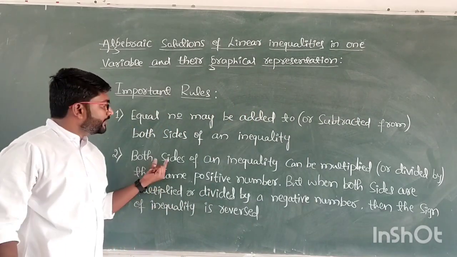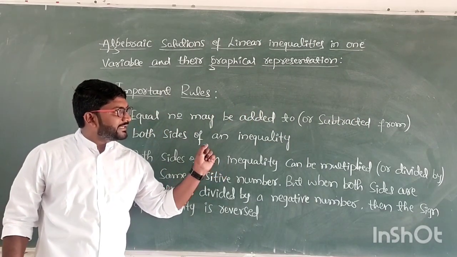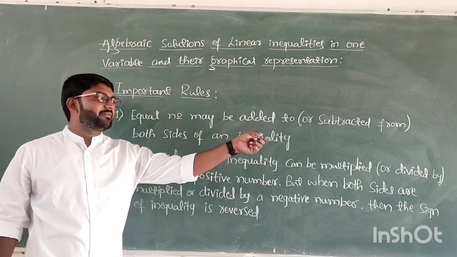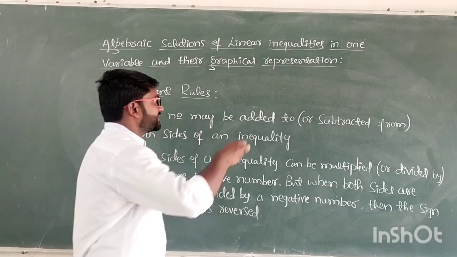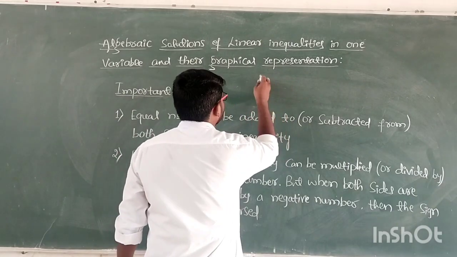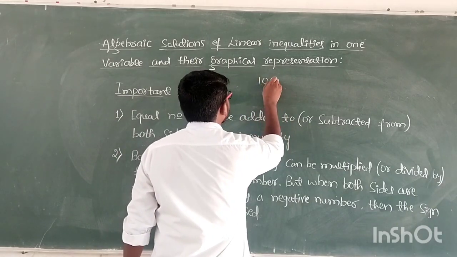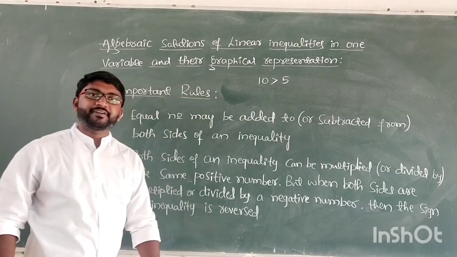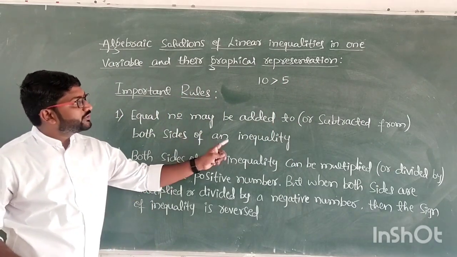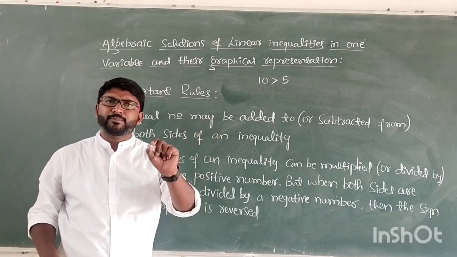What does it say? Both sides of an inequality can be multiplied or divided by the same positive number. So let us take an inequality here, 10 greater than 5. Let us multiply both the sides of the inequality by a positive number.